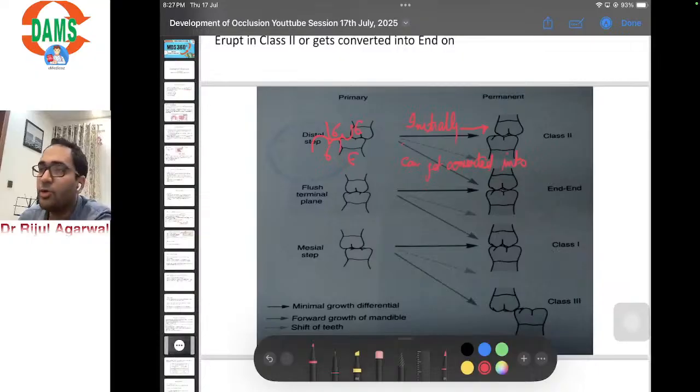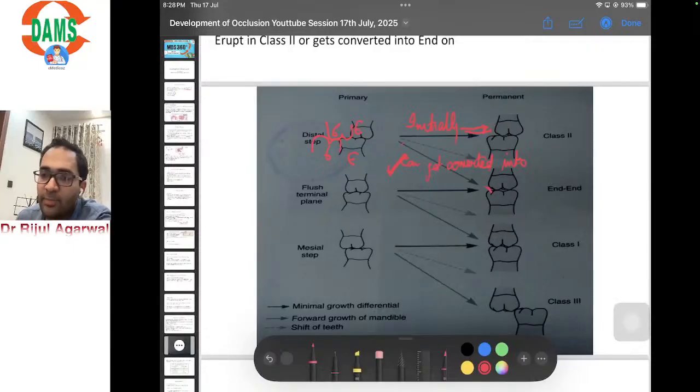Can get converted into can be due to any factor, either a shift, lower jaw growth, or early mesial shift or late mesial shift. We are going to discuss that. Right now you need to remember that it can get converted into end-on, and initially erupts into class 2 molar relation, the permanent first molar. So class 1, class 2, class 3 are for the permanent first molar, whereas distal step, flush terminal, mesial step are for primary teeth.